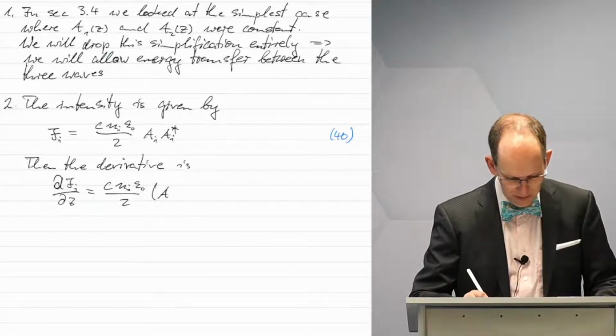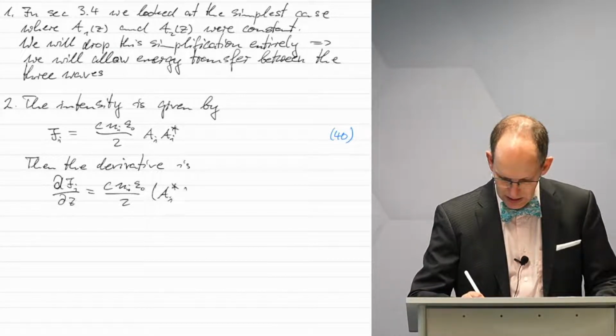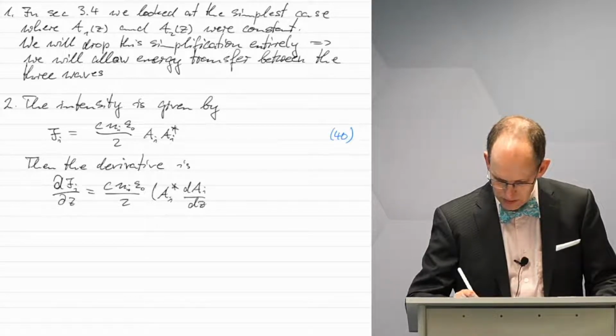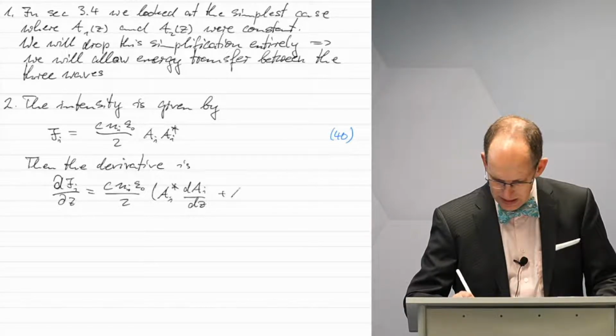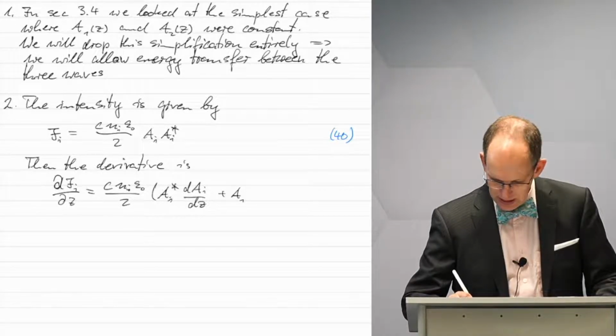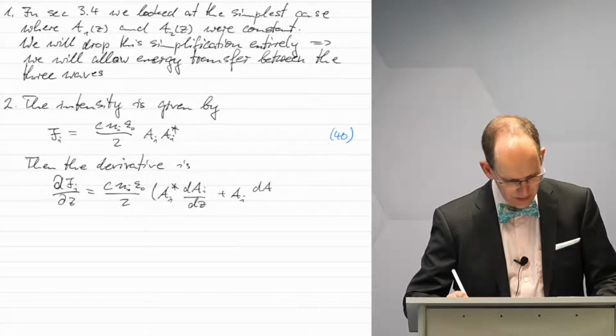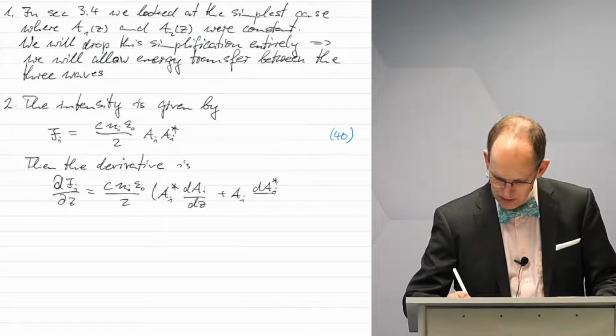And then we have A_i star and the derivative of A_i. So what we have to use is, of course, the product rule, plus A_i times the derivative of the complex conjugate.